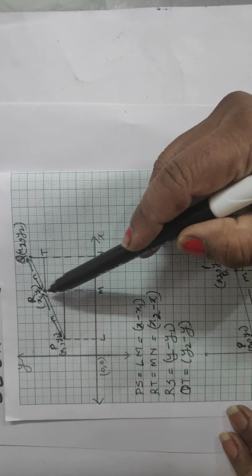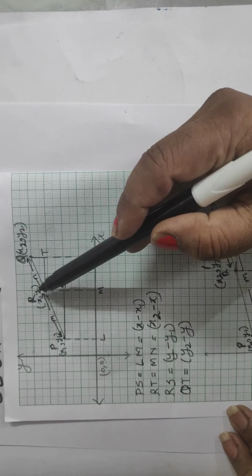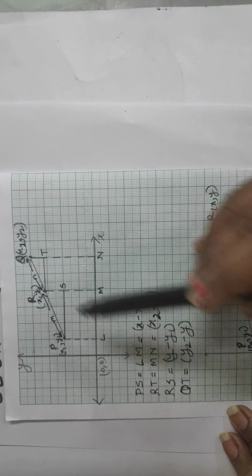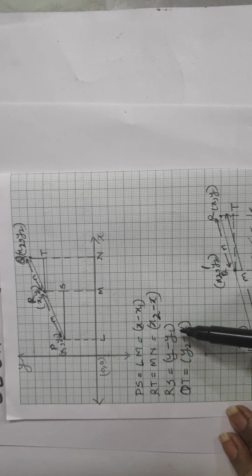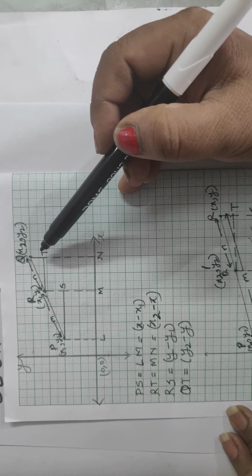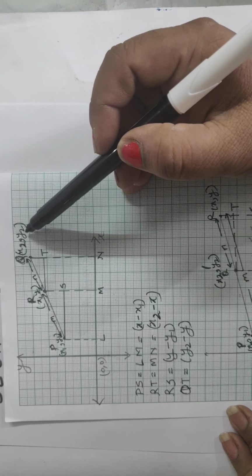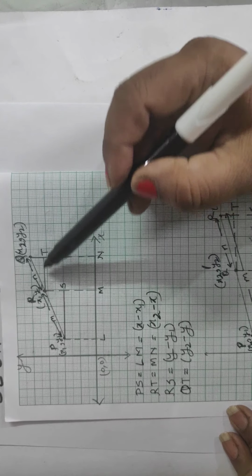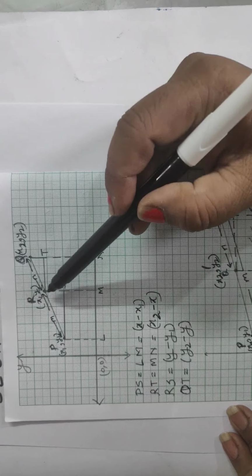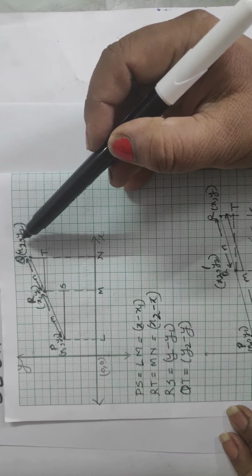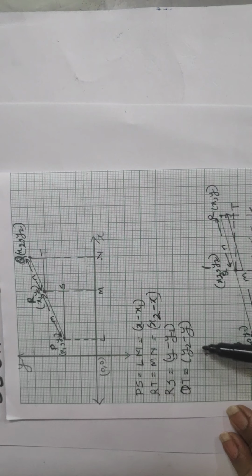Same for QT: the ordinate is y2 for the point Q, and for T it is y. So to find the value of QT, it is y2 minus y.